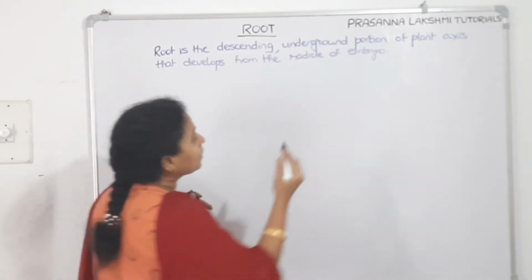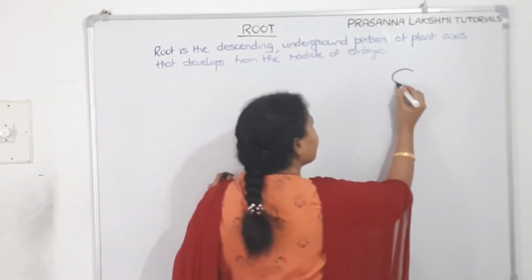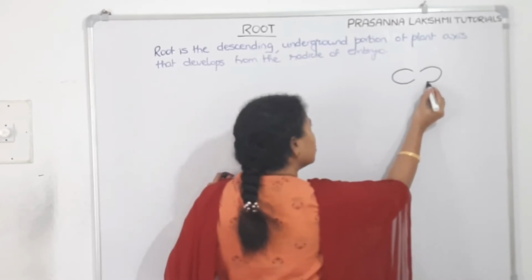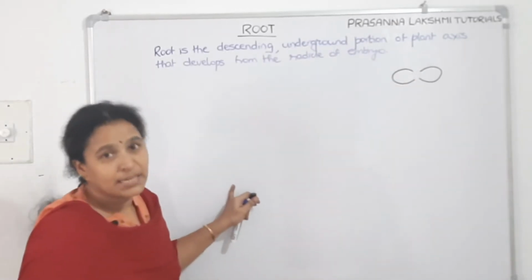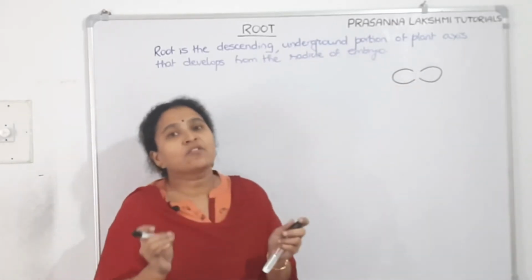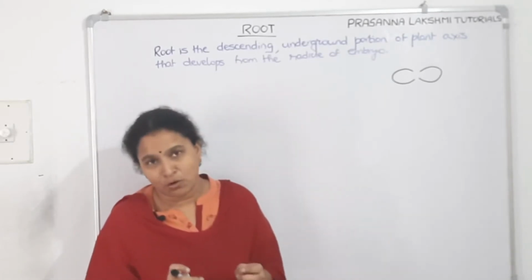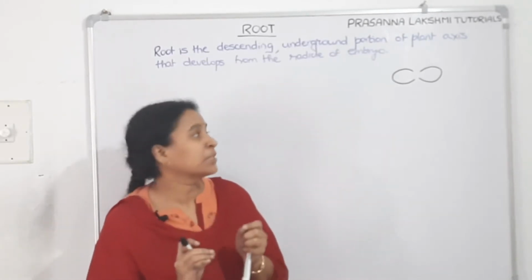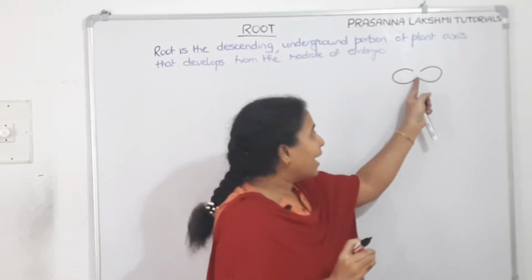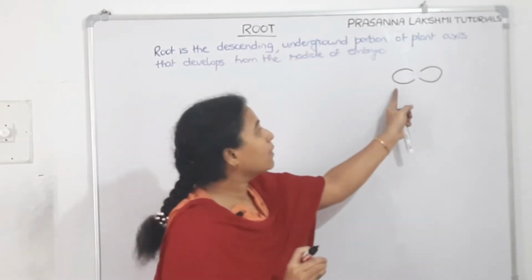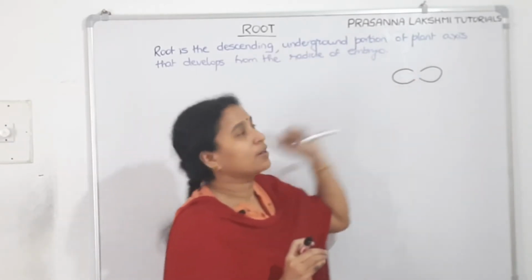So if you take a dicot seed, these are the two cotyledons of the dicot seed. Now when you open a dicot seed, inside you find embryo and embryonic axis. These two are the two cotyledons of the dicot seed.